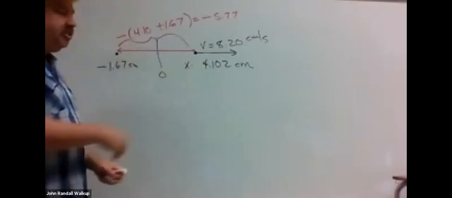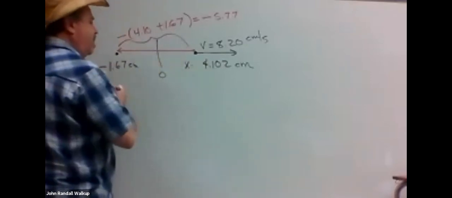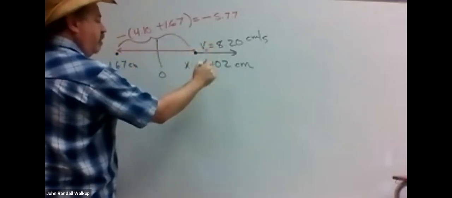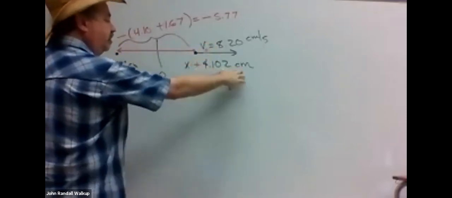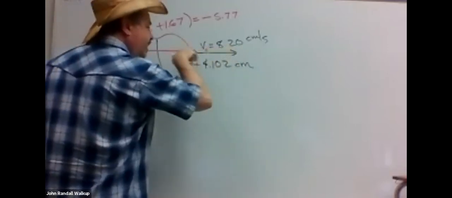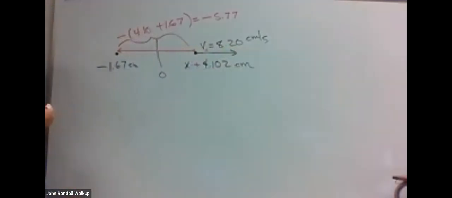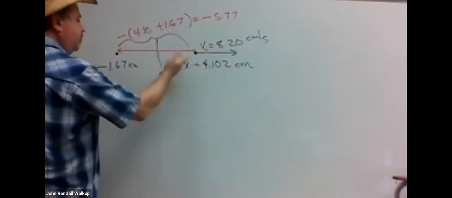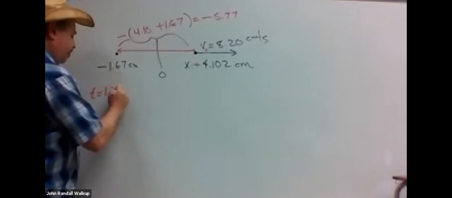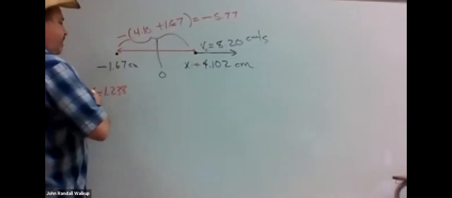Okay, but here's the problem. It said that initially the object was at this point, positive 4.12 centimeters, and was moving at 8.2 centimeters per second in the positive direction. And then sometime later, in fact, t equal to 1.238, I think, it's here.